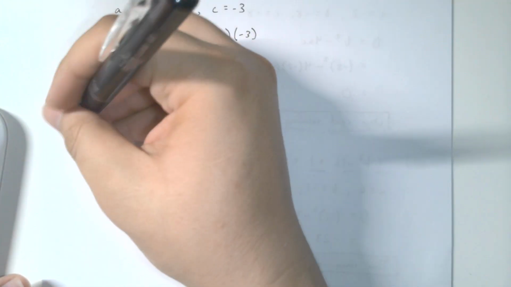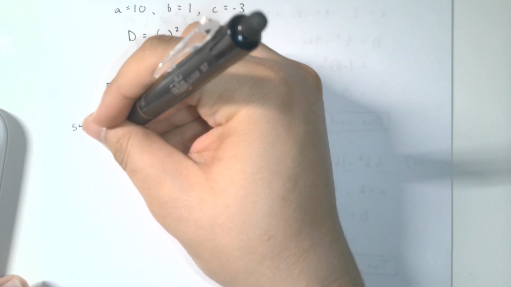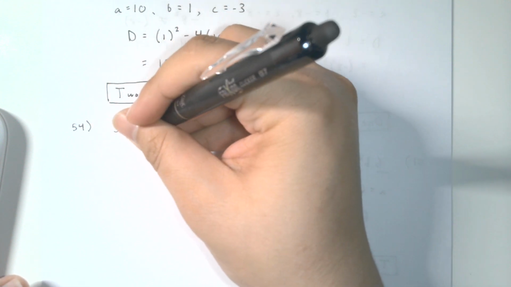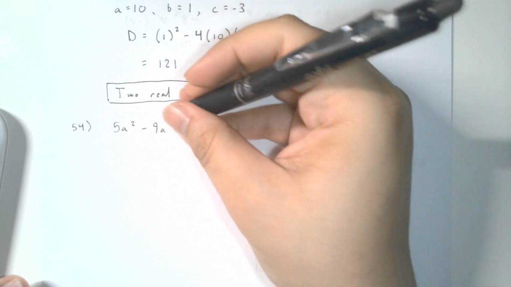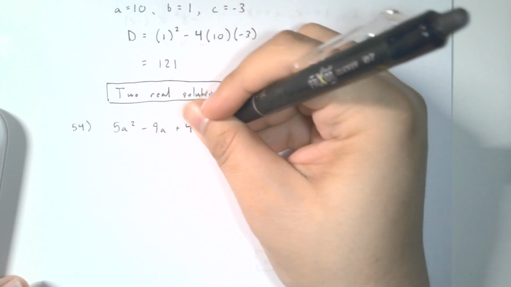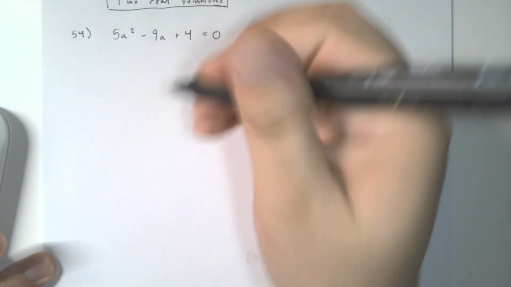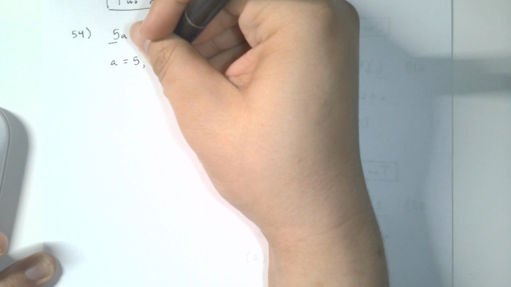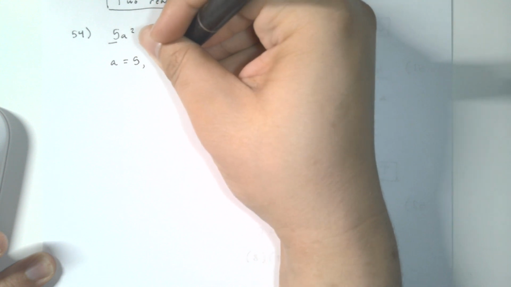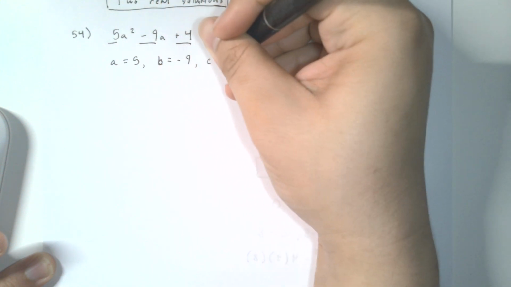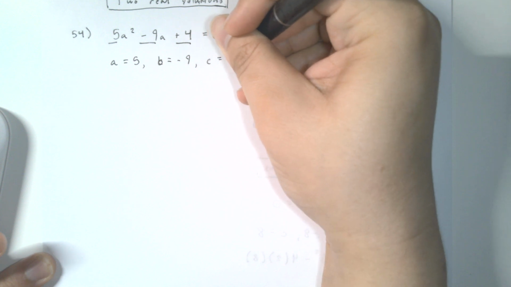Let's look at number 54. Number 54, we have 5a squared minus 9a plus 4 is equal to 0. So we identify a, b, and c. We have a is equal to 5, b is equal to negative 9, and c is equal to 4.